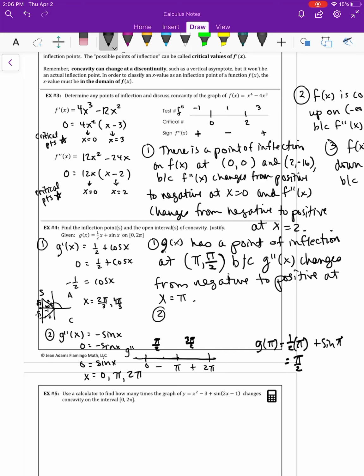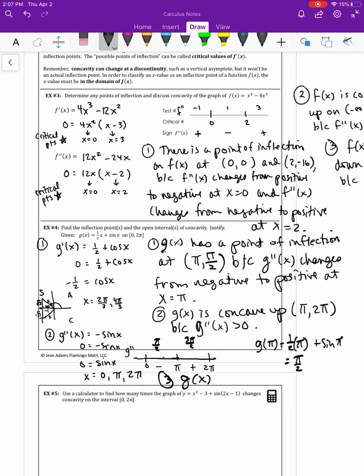Second thing were our concavity intervals. So second thing I'm going to say is that g of x is concave up on the interval from pi to 2 pi because g double prime of x is greater than 0.